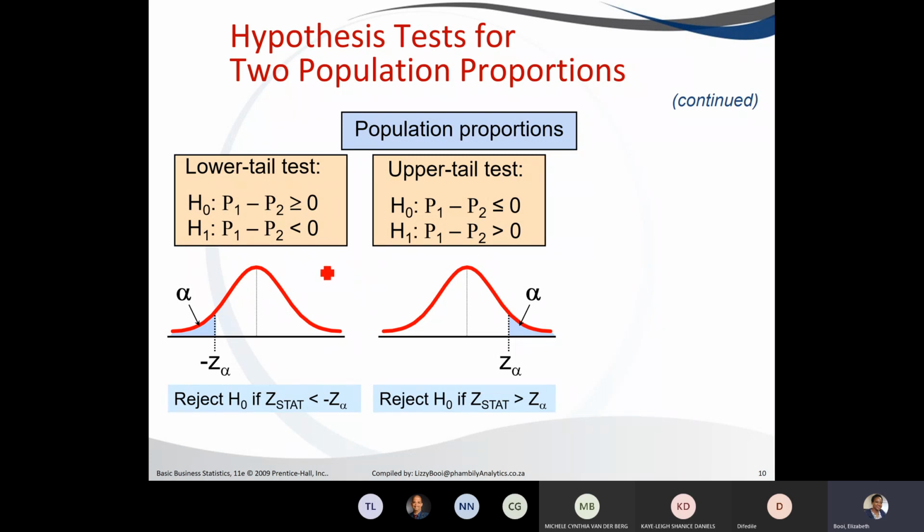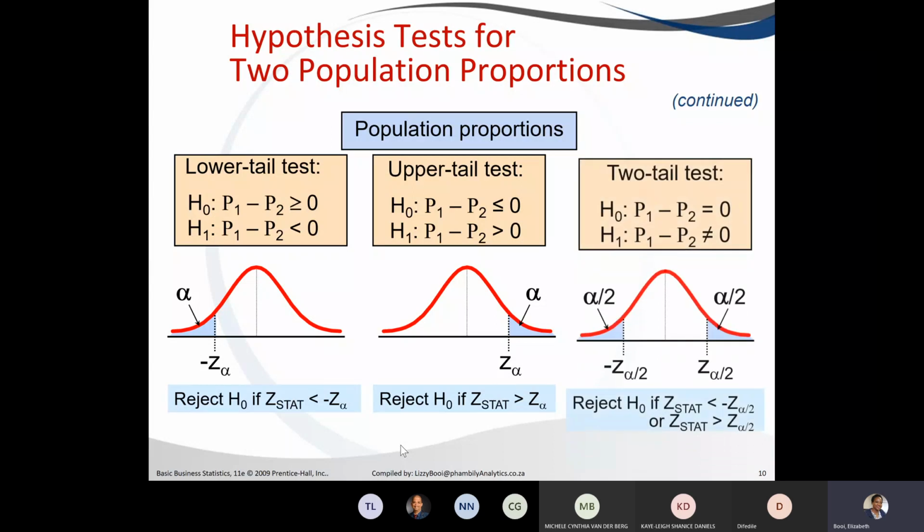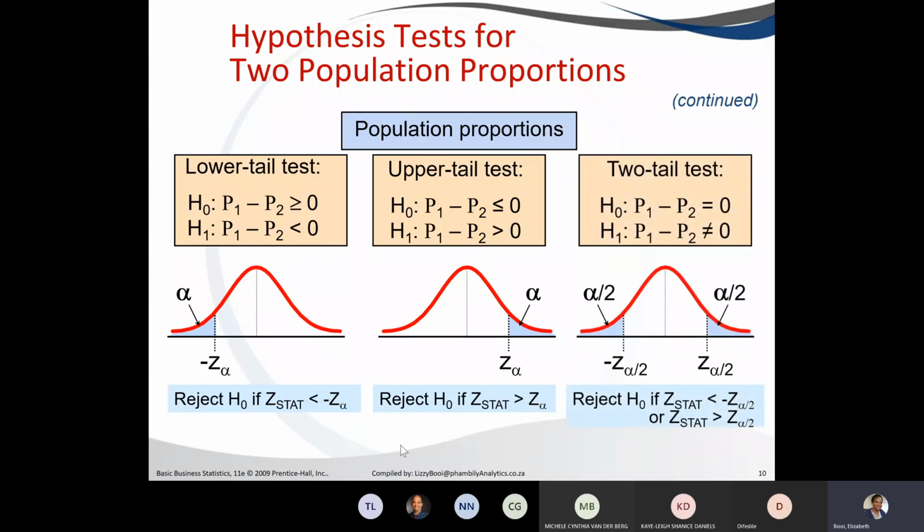Anything that falls in the white area you do not reject, because then your test statistic will be less than your critical value. You do not reject. For a two-tailed test, you will have two sides of your rejection area, the less than side and the greater than side as well.